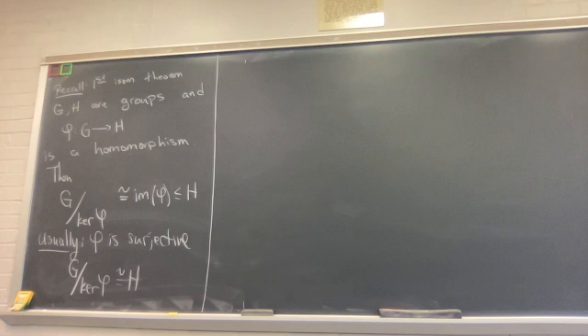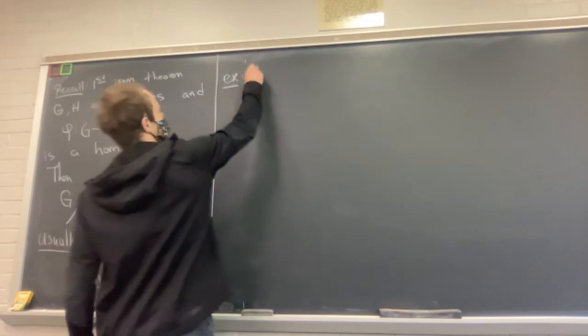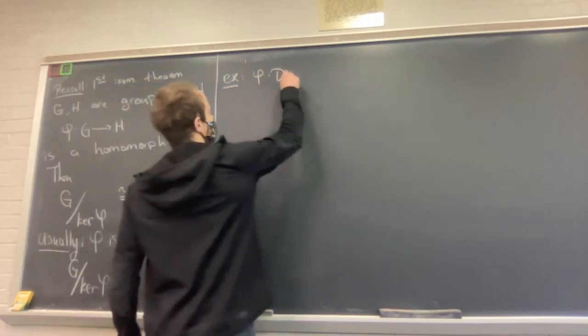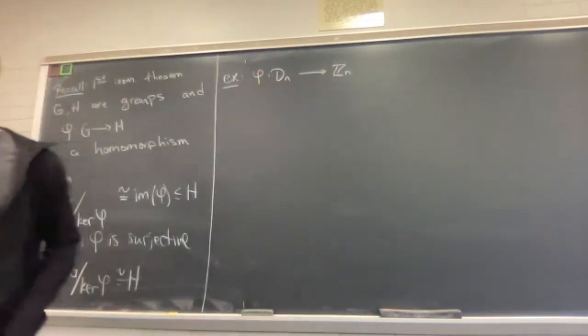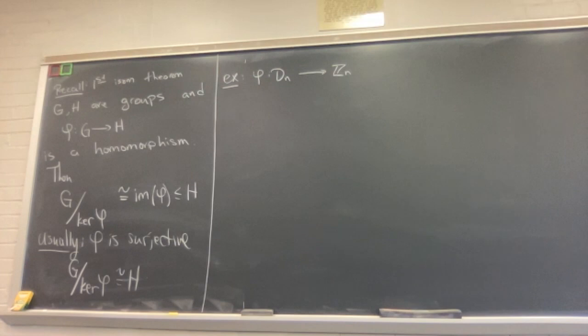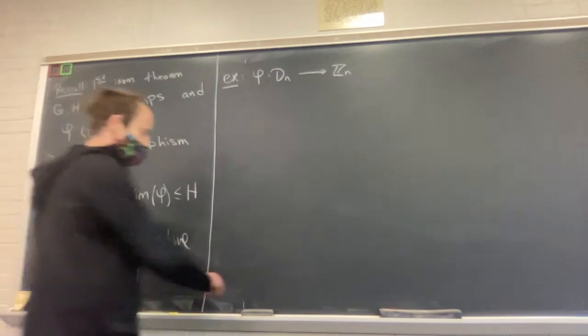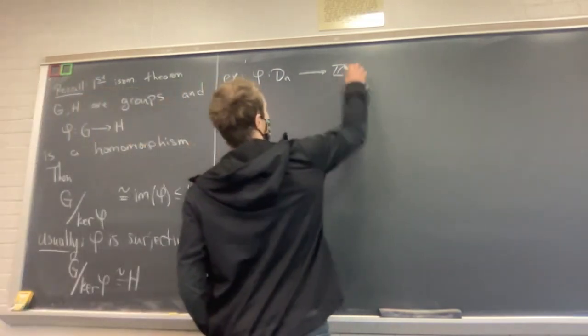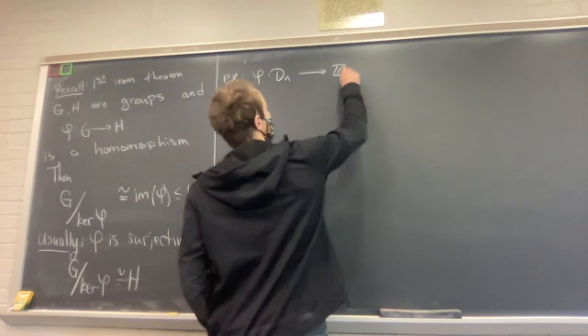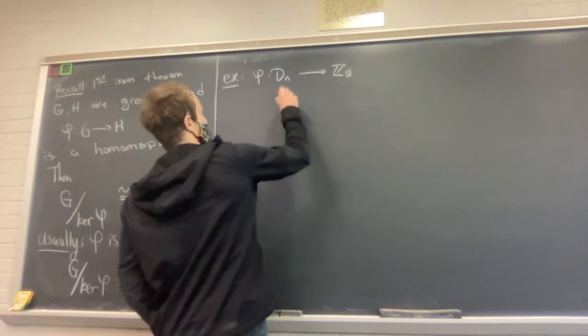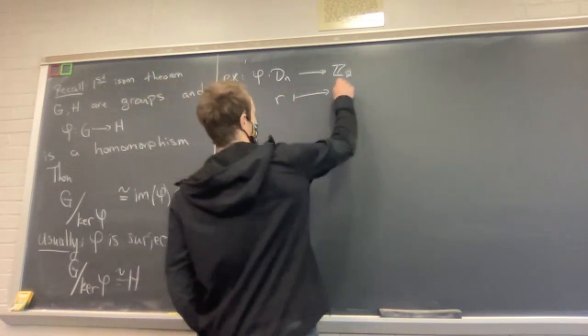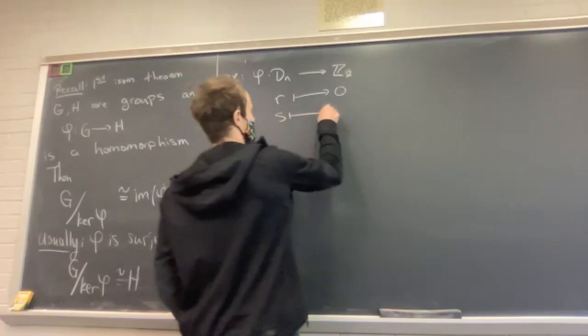Okay, so let's do an example. Well, some examples. So let's define phi from Dn to Z2 like this. We're going to take R to the identity, so that would be 0, and we're going to take S to 1.